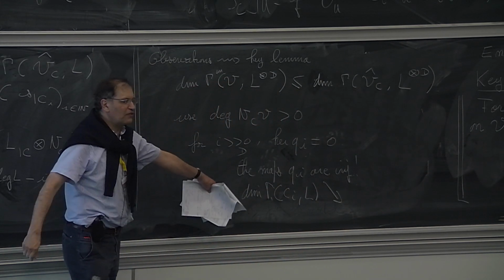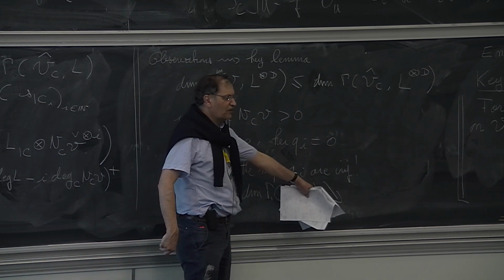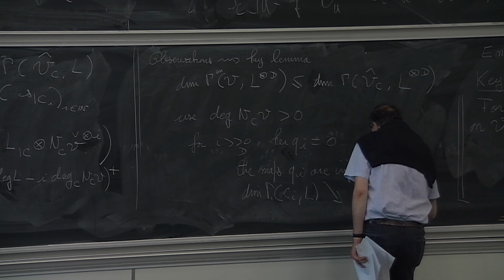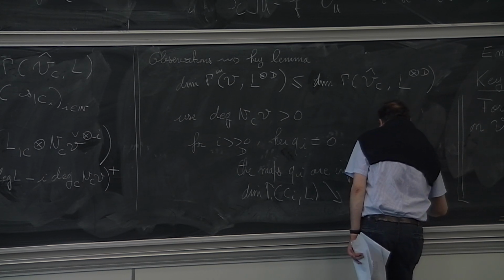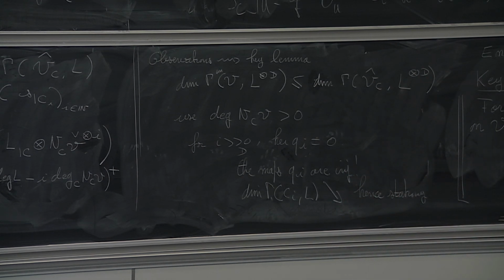So it proves that the sequence of dimensions of the gamma Ci L is non-increasing. So these dimensions, of course, are finite numbers. So this sequence becomes stationary. And then once the maps are injective, the dimensions are all the same. All the Qi are isomorphisms.